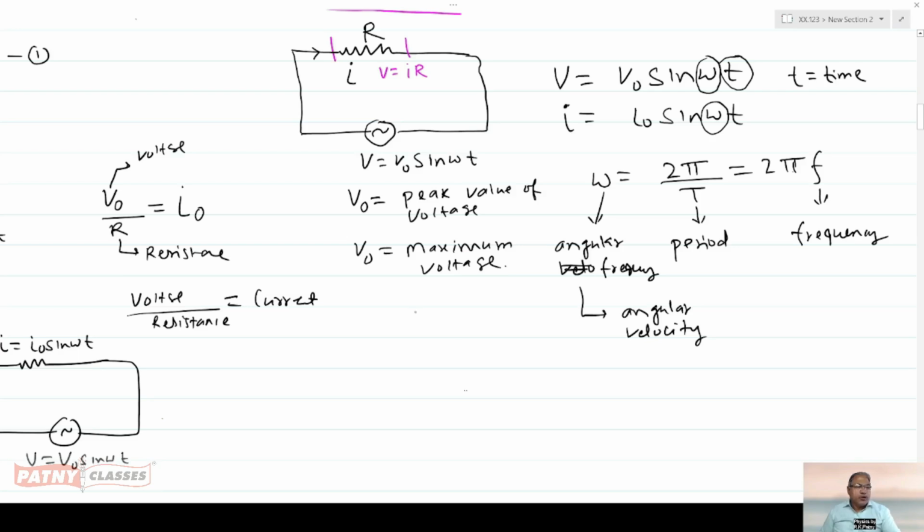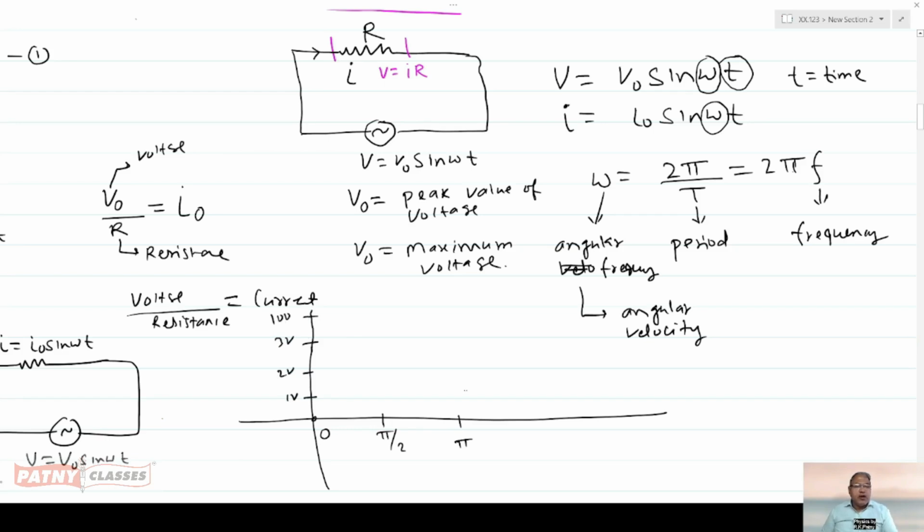So here we need to draw the graph. For drawing the graph, I take the x-axis here. On the x-axis, here is the 0 angle, here is pi by 2, and here is pi, and so on. And on the y-axis, I take two values, one for voltage, another for current, like 1 volt, 2 volt, 3 volt, 100 volt, like that.